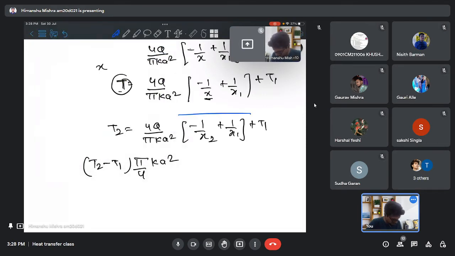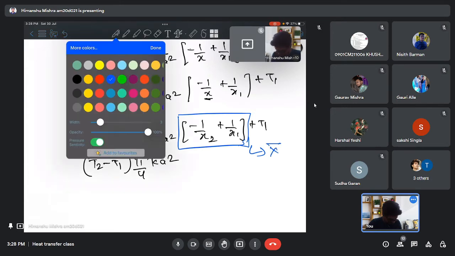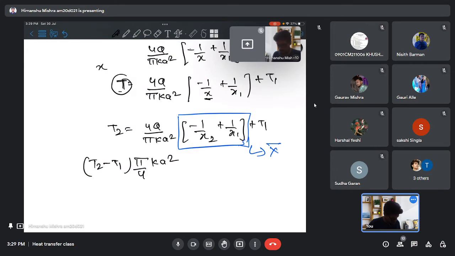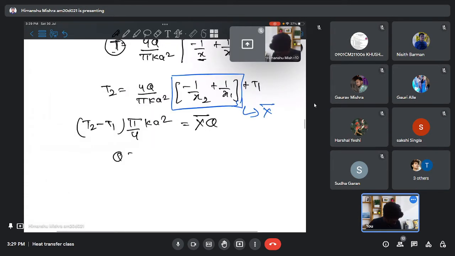Let's define this quantity as x bar. So my heat transfer will be q equals pi by 4 k a square times (T2 minus T1) over x bar.